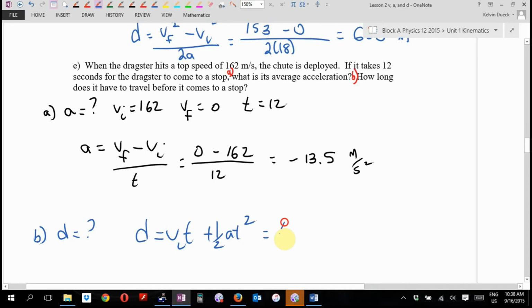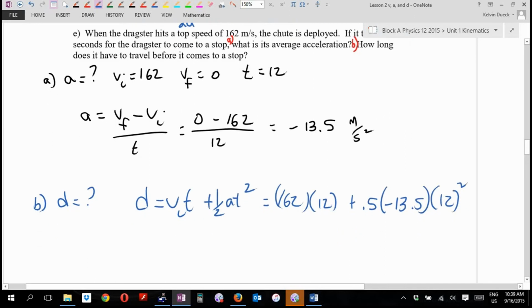It's going to be 162 times 12 plus 0.5 negative 13.5 times 12 squared. Had we been in Physics 11, we would have used the one, there was one equation that had VF, VI, D, and T. It was the one that was VI plus VF over 2 times T, I don't know.